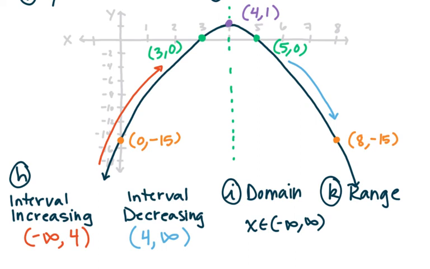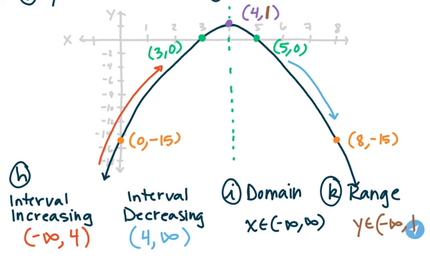What about the range though? The range has to do with the y values. So that's up and down, my vertical span. Does the graph go up forever? And the answer is no. We have a top, a maximum y value, which is 1. Does the graph go down forever? The answer is yes. So my range is negative infinity to 1.